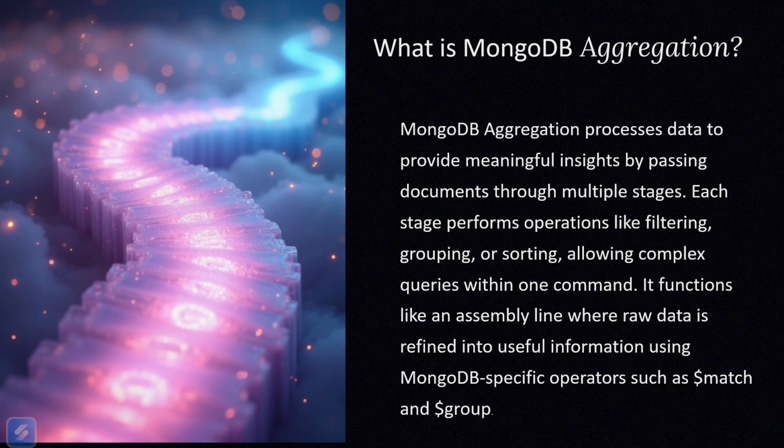It functions like an assembly line where raw data is refined into useful information using MongoDB specific operations such as match and group. Think of it like a factory assembly line. The raw data enters, each stage refines it, and useful insights come out at the end.